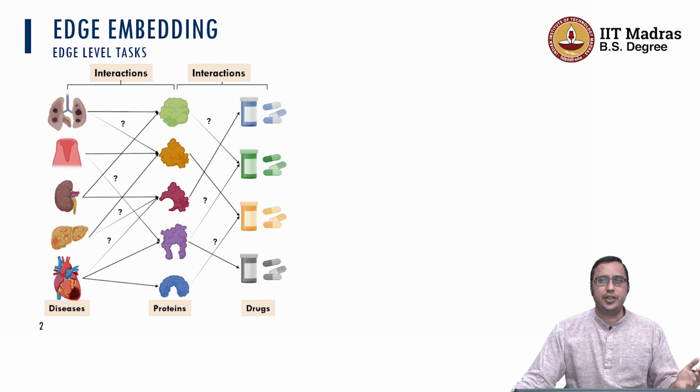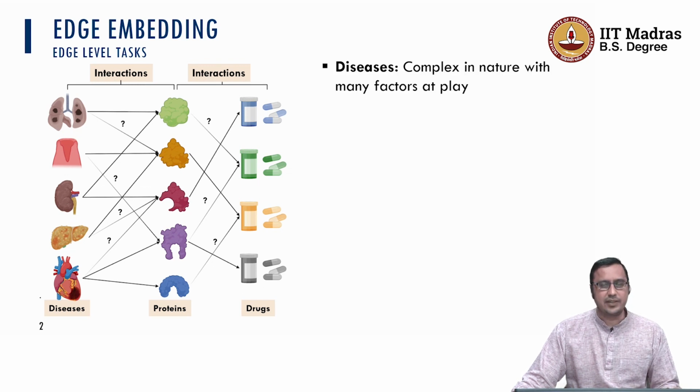analysis of biological networks. Here I have given a set of diseases for different organs, and typically diseases are complex in nature and many factors play a role in exhibiting diseases.